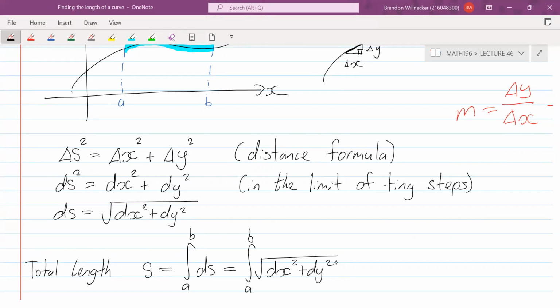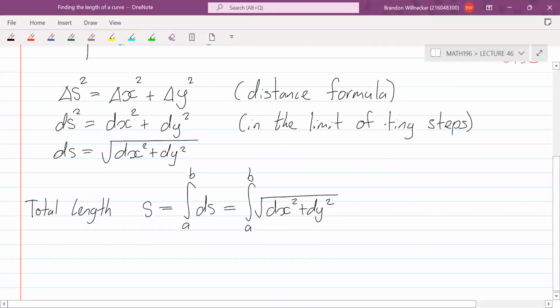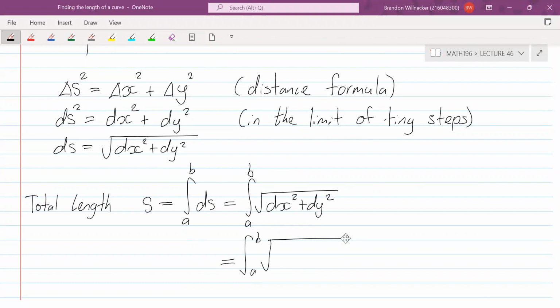Okay, this looks a bit complicated because normally the dx is on the outside, but that's fine. We can manipulate this a little bit. So this becomes the integral from a to b, square root. What we can do is divide by dx squared and then multiply by dx squared.